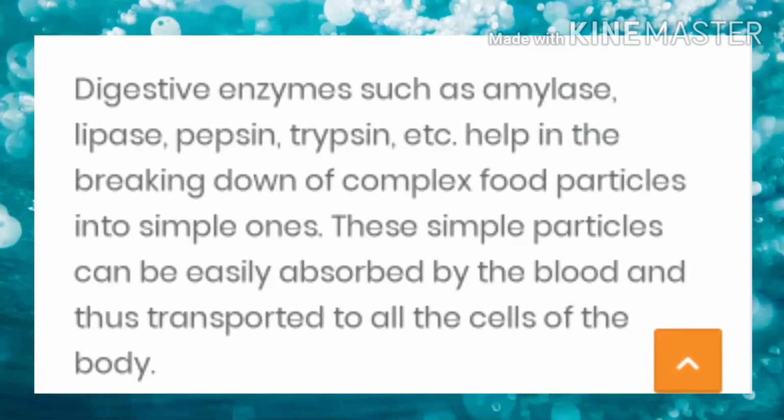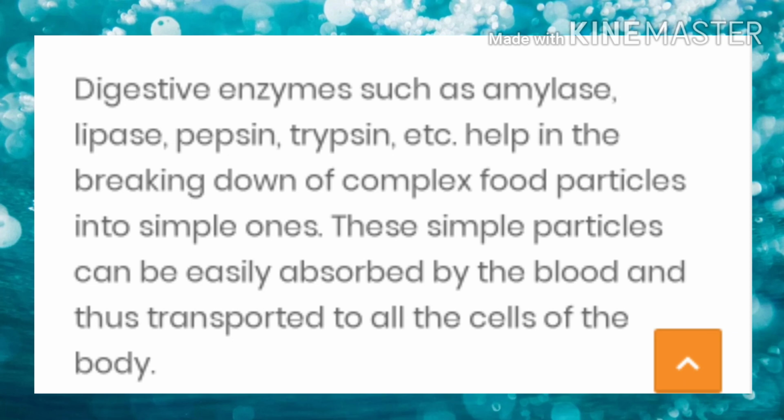So we know that the digestive enzymes are amylase, lipase, pepsin and trypsin. These help in the breakdown of complex food particles into simpler ones. These simple particles can be easily absorbed by the blood and thus transported to all the cells of the body.